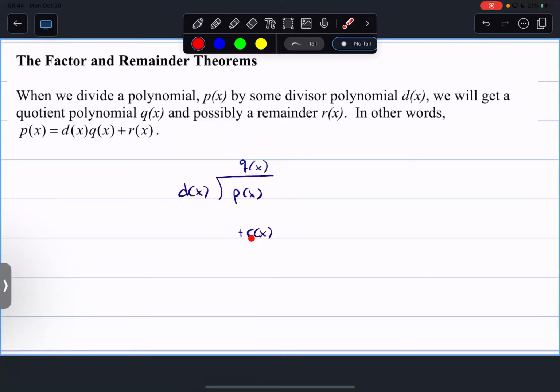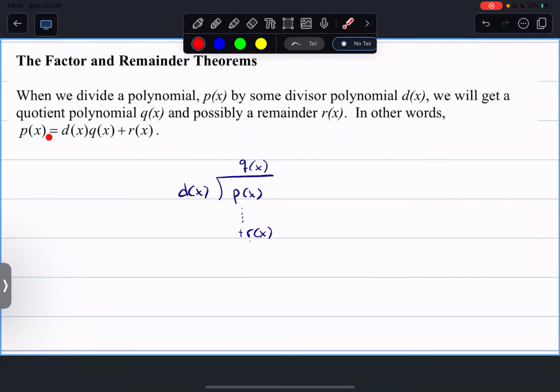In our first example, the remainder was 0 plus 0, so there was no remainder. D of x divided nicely into p of x and gave us q of x.